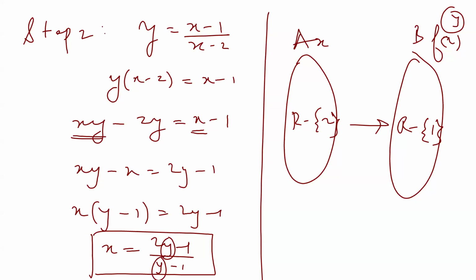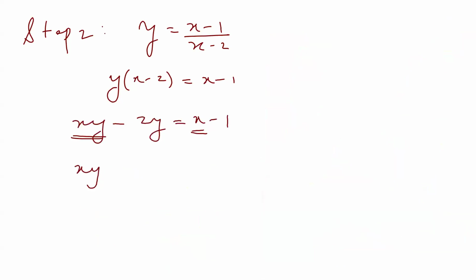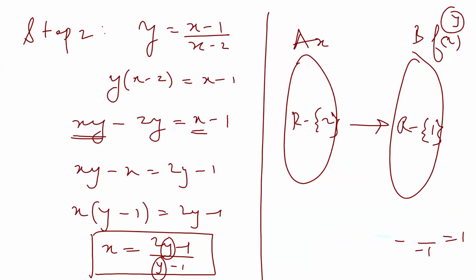If you put y as 0, so it will be 2 into 0, that is 0, minus 1 upon 0 minus 1. So that will be minus 1 upon minus 1, which is 1. Now 1 is a real number. Now this x value cannot be 2, and we'll never get 2, don't worry. Put any other real value of y, and you will definitely get some real number for x.